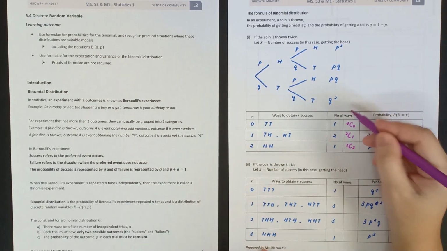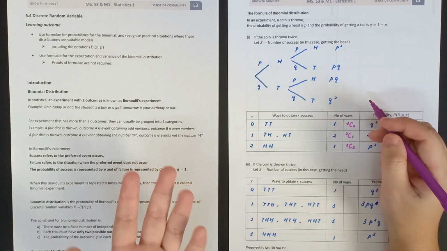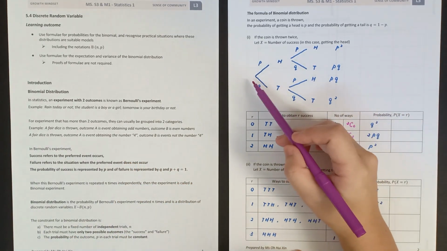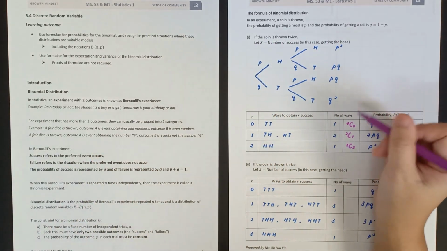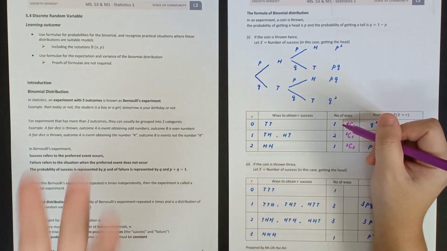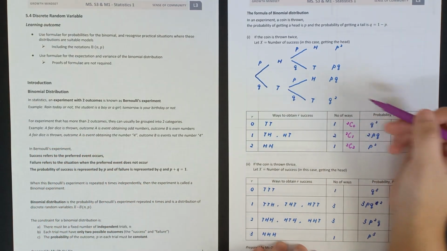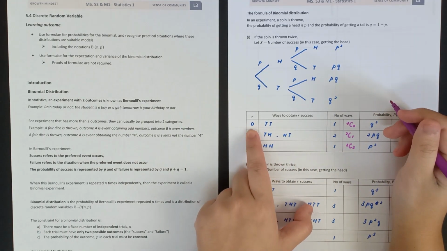In other words, the 2 here means how many trials we are doing. For this one, we do the first round and the second round, meaning the coin is thrown twice. So the 2 comes from the total trials that you carry out in the experiment. The 0, 1, 2 are your successes.